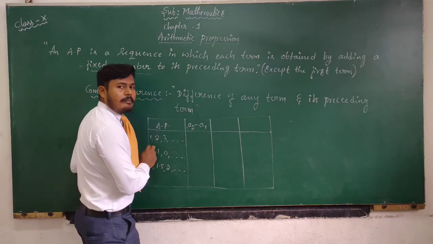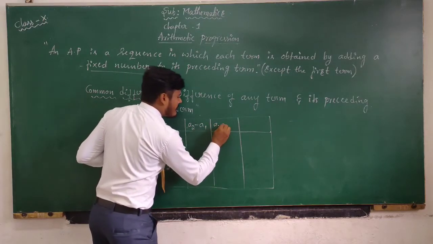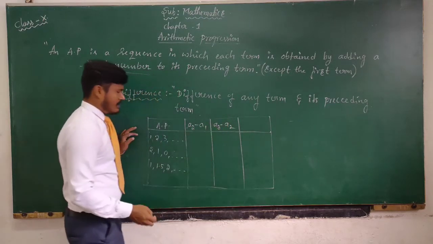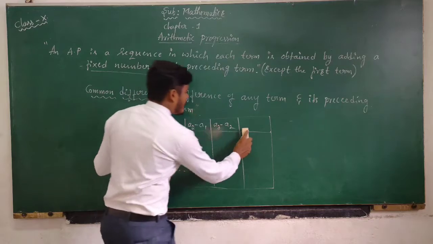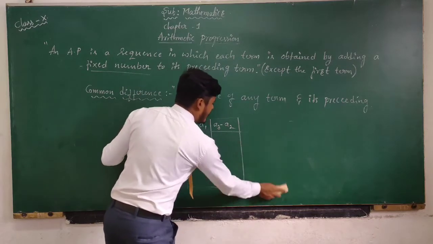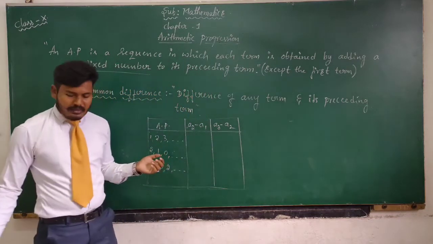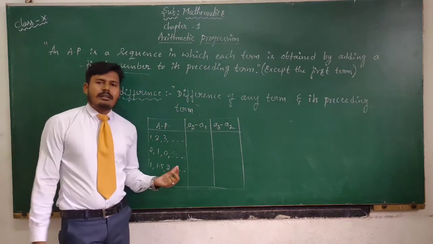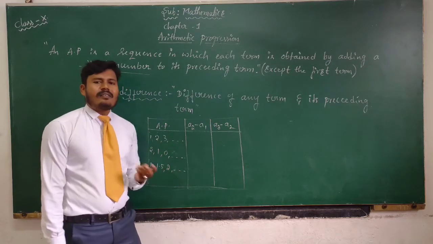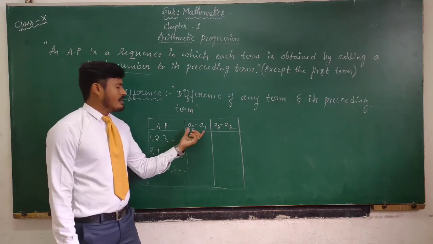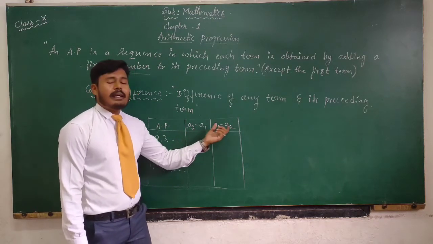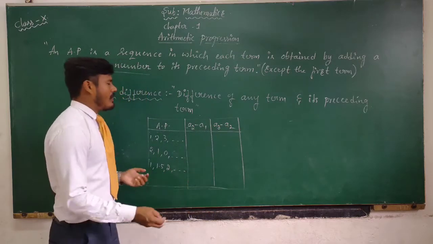So a2 minus a1, then a3 minus a2. Because all the given APs consist of three terms, we should find a2 minus a1 and a3 minus a2 as the common difference.